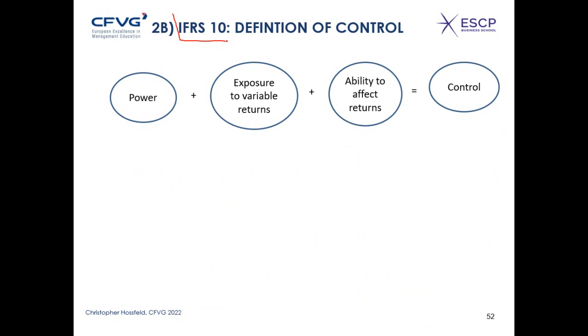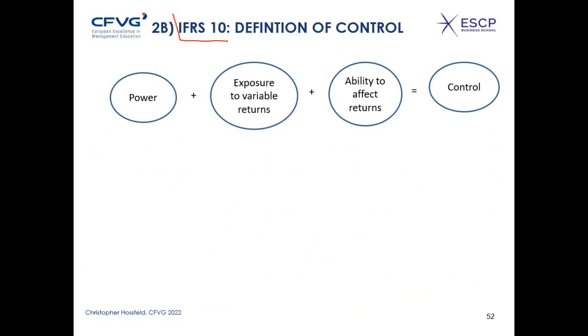So on the one hand, I have power. Theoretically, I am exposed to risk. That's the second element. And how do I link the two? Well, that's the third criteria. I have the ability to affect the returns. In other words, I can use my power in order to influence the returns. So I have theoretical power, I'm exposed to returns, and I can make the link because I have the ability to use my power.